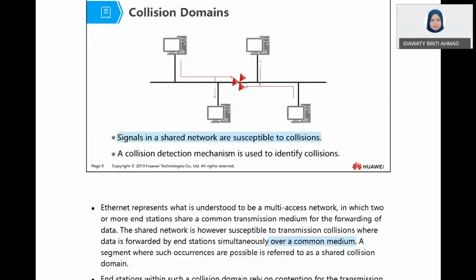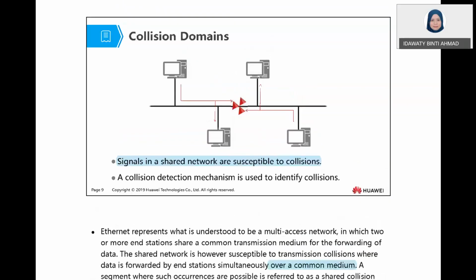Okay, so let's continue. Collision domain. We already went through this actually. This one is also a repetition of what we already learned when we covered Ethernet. Try to look at the video and you will notice that.